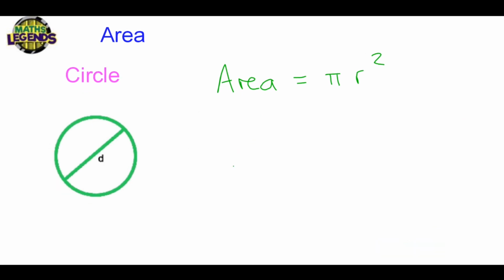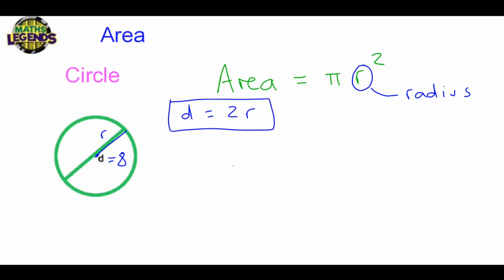Now let's say here we have a circle, but this time we're not told the radius, r, but we're told the diameter, d. Let's say the diameter is 8. Then first we need to work out what r is. So the diameter, d, is equal to 2r. Going to the center of the circle and going halfway gives you r, the radius. So we can use this formula to work out r.